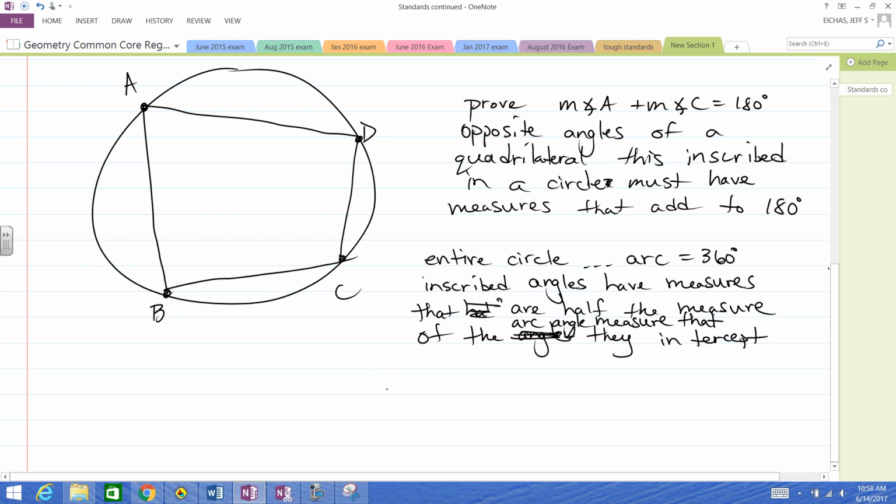All right, what I'm going to start with is the measure of angle A is going to be half the measure of arc, and I'm going to throw this C in there, not that I have to. Technically, it's got to go counterclockwise, but I'm going to just throw the C in there. The measure of angle A is half the measure of arc BCD.